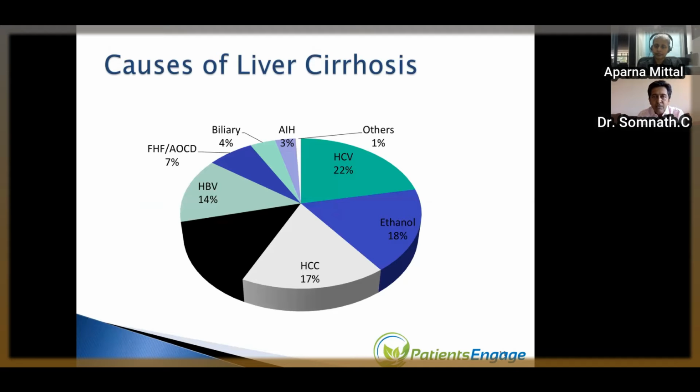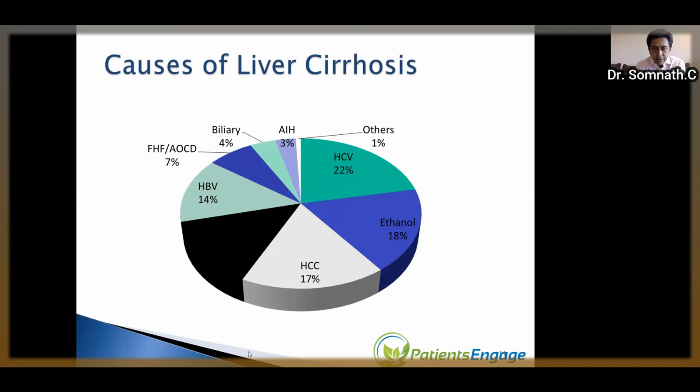So there are various causes of liver cirrhosis, and sometimes patients ask, I don't even drink, so why did I get liver cirrhosis? Alcohol or ethanol is only a small portion of it, and this is worldwide data. As I was saying, the black part of the pie chart, if you can see it, is the liver disease due to non-alcoholic steatohepatitis or non-alcoholic fatty liver disease, which I'll talk about in detail later.